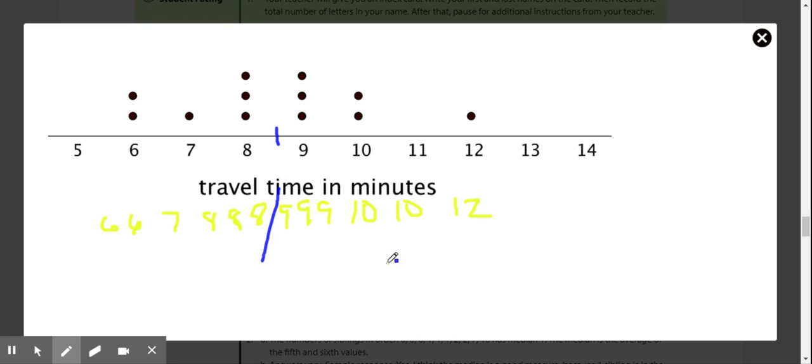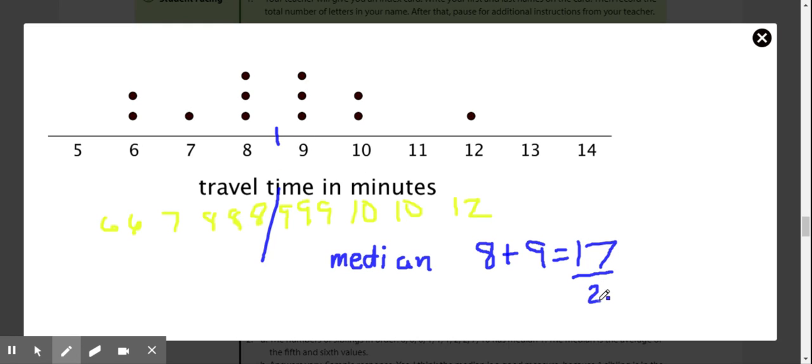Okay, so the way that we find median when it's in between two different numbers is we take those two numbers, 8 plus 9, and 8 plus 9 equals 17. And then we divide that by the two numbers, divided by 2. 17 divided by 2 is 8.5.